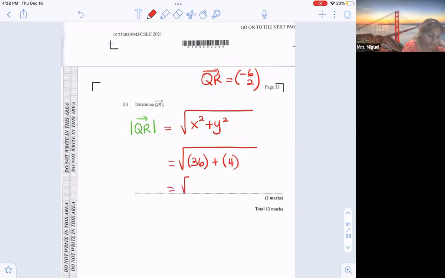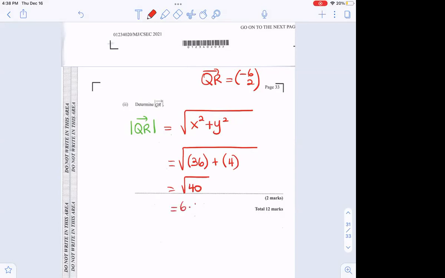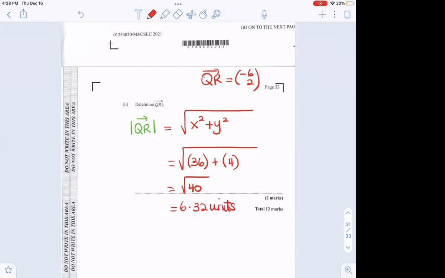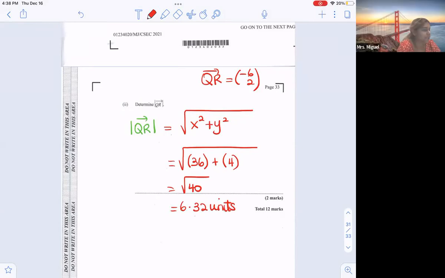So you get the square root of 40. The answer is 6.32. Check that: the square root of 40. I got 6.32. All right. See what you need to take down there, and let's move to the other question.